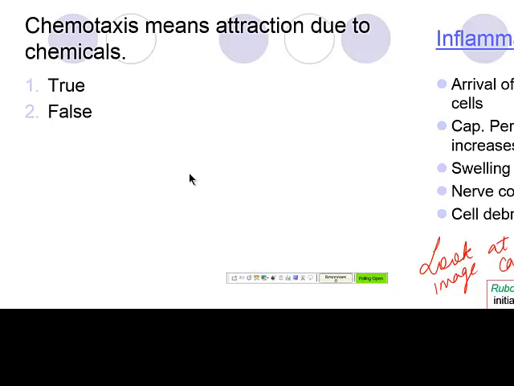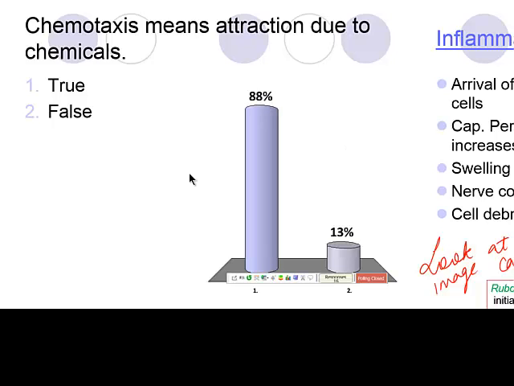Okay, let's take a look at this question. What does chemotaxis mean? Very good. Yes, it is attraction due to chemicals, and you saw that in the picture. That's why it's really important to look at the slide very carefully.